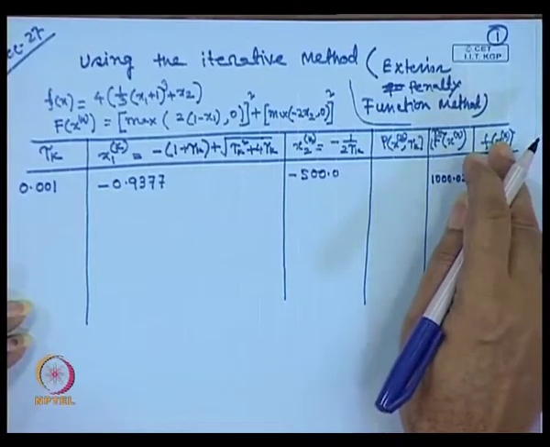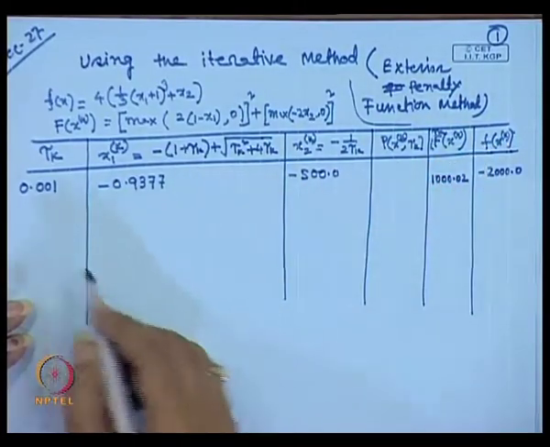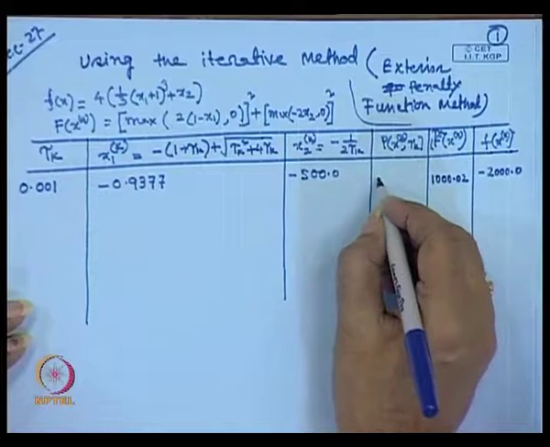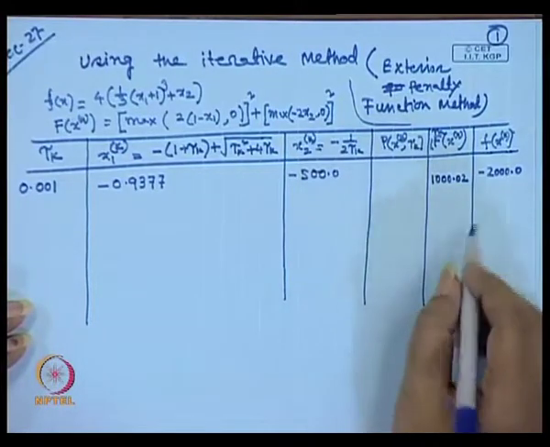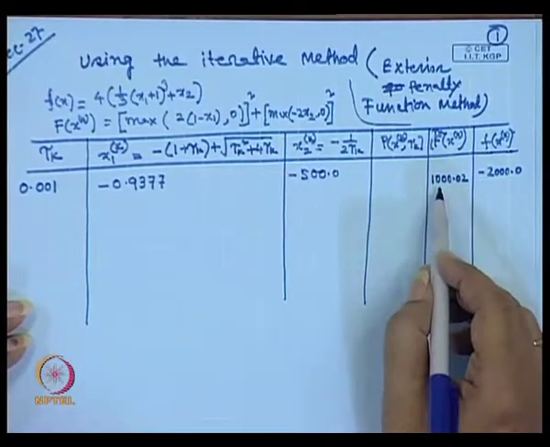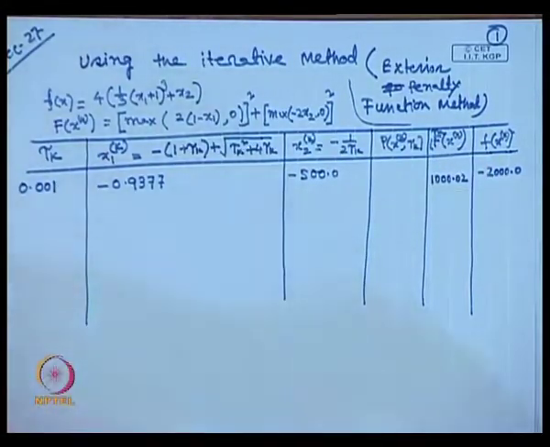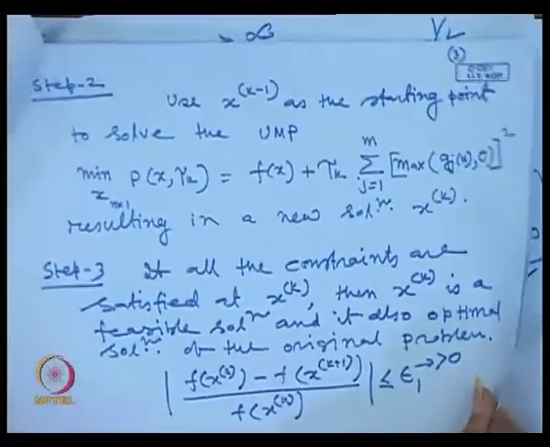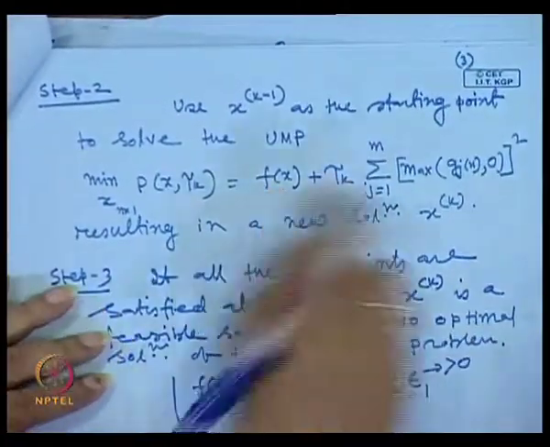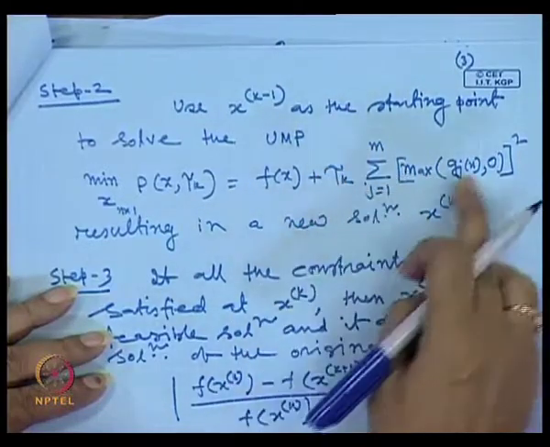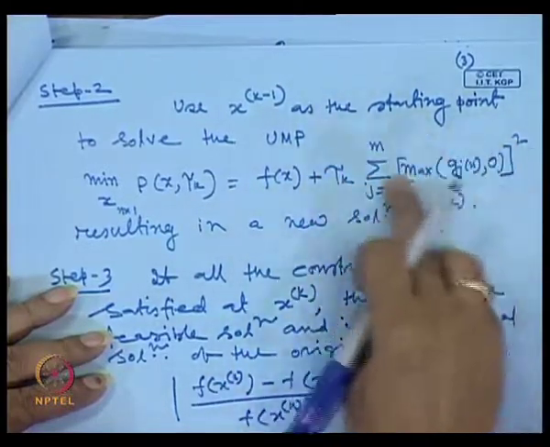0.809 minus 50, then you will get f is minus 1.199.99. Then lambda k into f of x is here; f of x I know, multiplied by lambda k, you will get this value, that is 100.13.